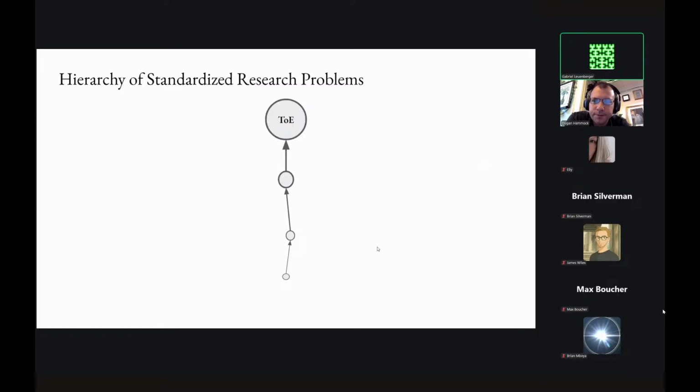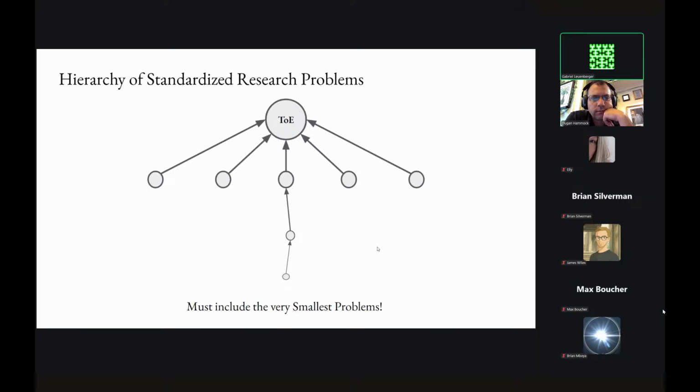So here is a small subproblem at the bottom, and then at the top you have the problem of finding the theory of everything. And oftentimes physicists take an approach like this where they try to solve some subproblems, but then they don't, for instance, incorporate the very smallest subproblems.